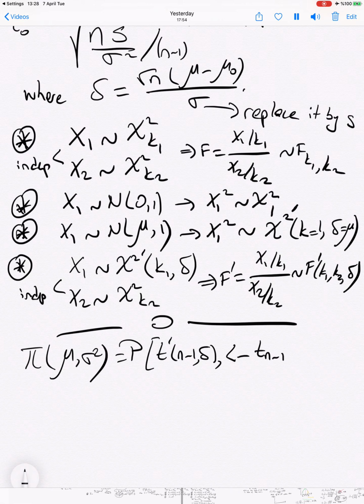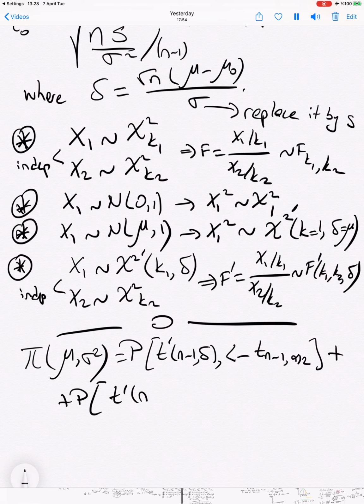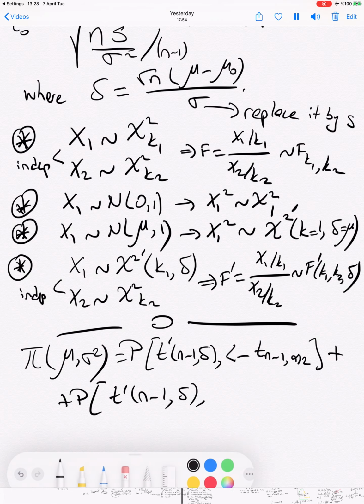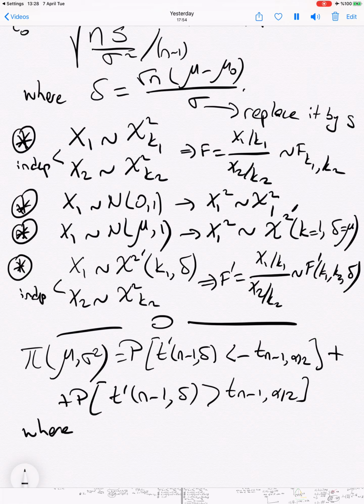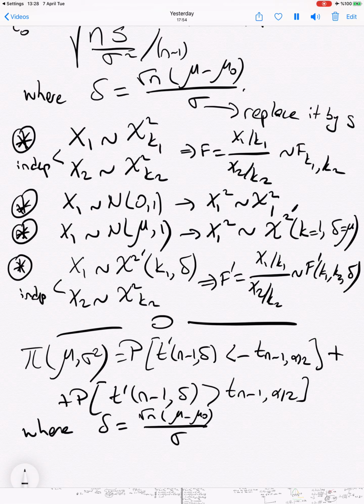The power is the probability that T0 is greater than t with n minus 1 degrees of freedom at alpha over 2, where delta equals the square root of n times mu minus mu 0 over sigma, which we previously defined, remember.